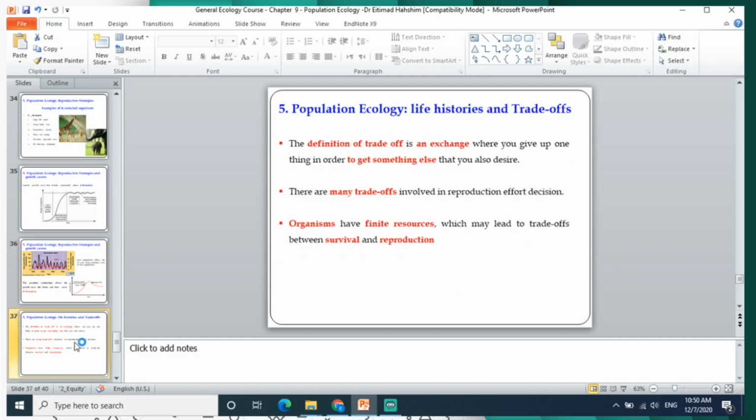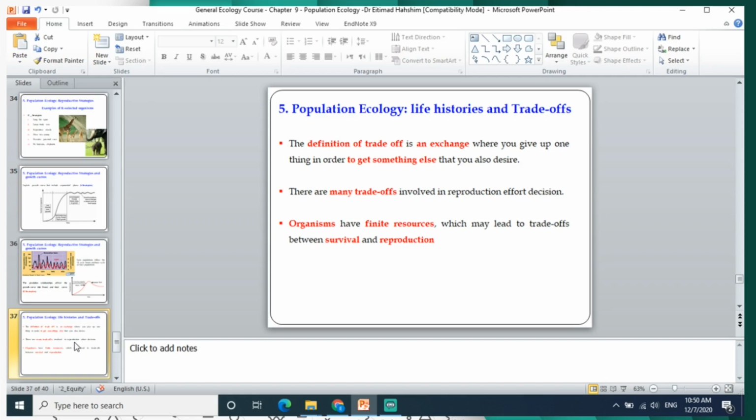Also, there is another definition in population ecology called trade-off. A trade-off is an exchange, when you give up one thing in order to get something else that you also desire. There are many trade-offs involved in reproductive effort decisions. If an organism has finite resources, this may lead to a trade-off between survival and reproduction.